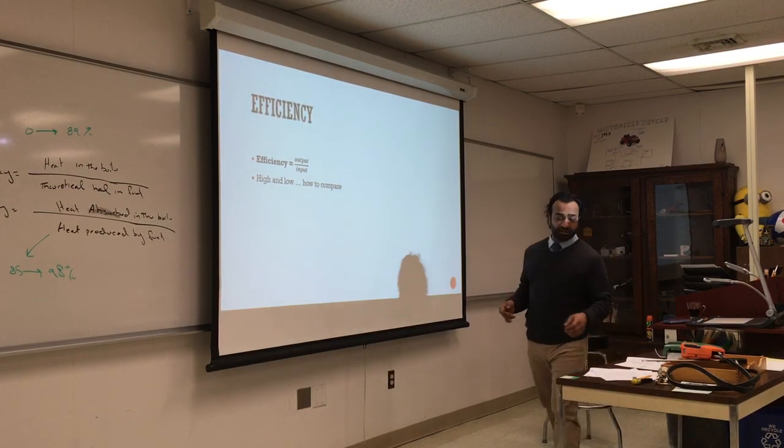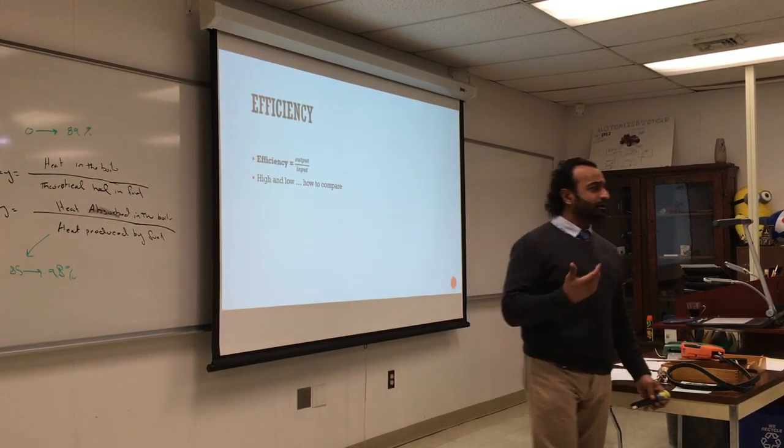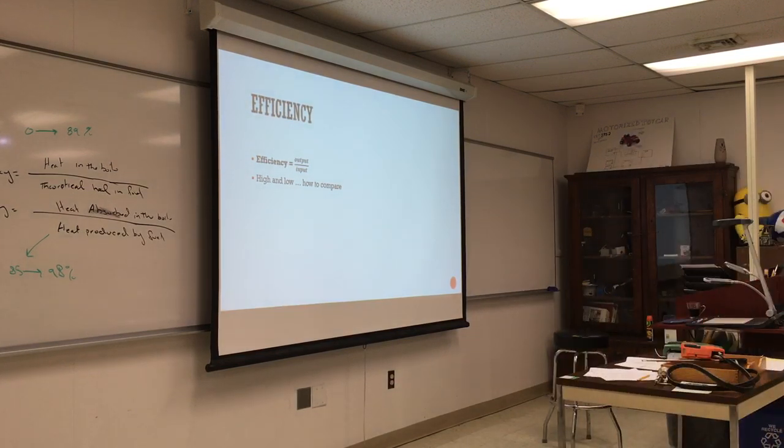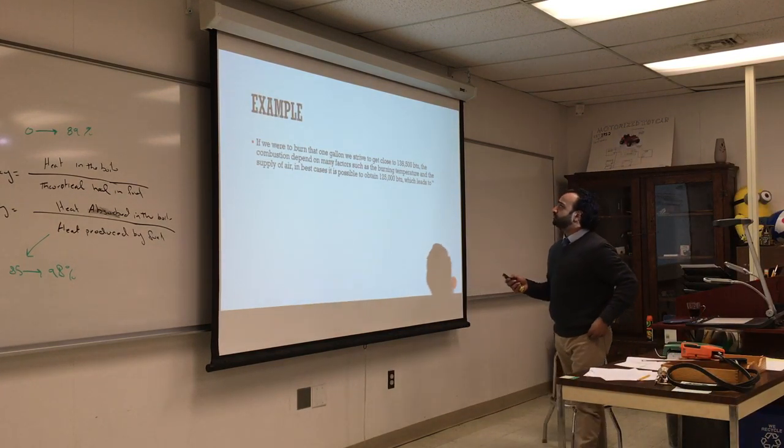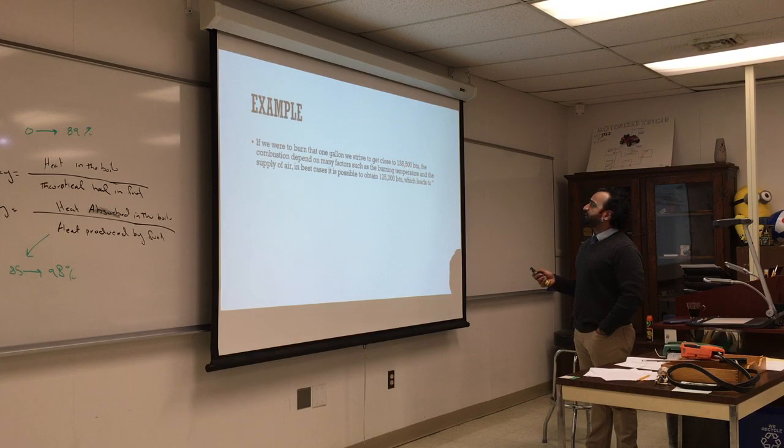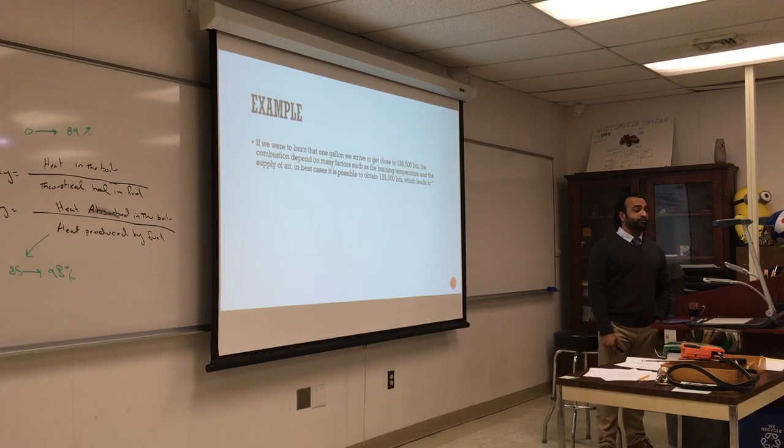Okay, so this is efficiency. I hope you can wrap your mind around what is efficiency, what are we talking about, and again, it's a ratio between what you got out of what you put inside the system. So this is an example. If you were to burn 1 gallon, we strive to get close to 138, which is not going to happen. That's in theory how much is in the fuel. There are ways to burn the fuel much better.